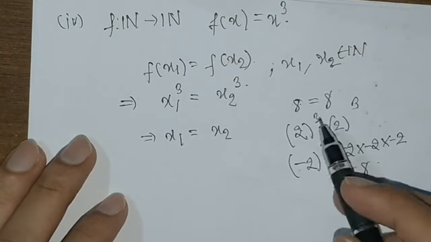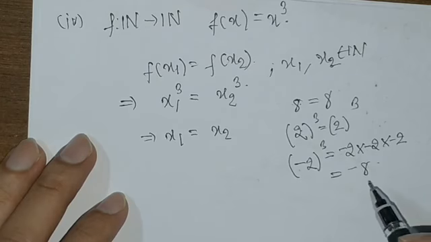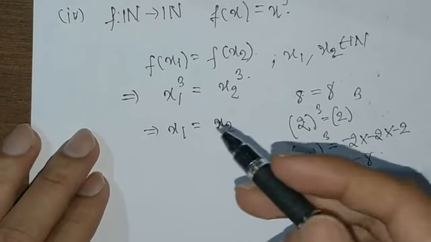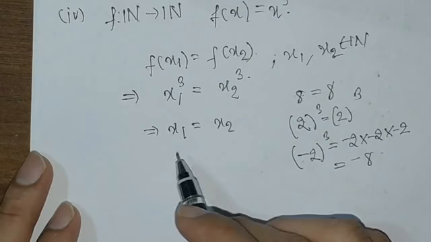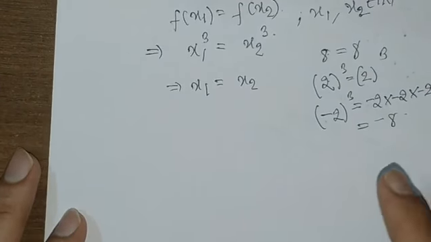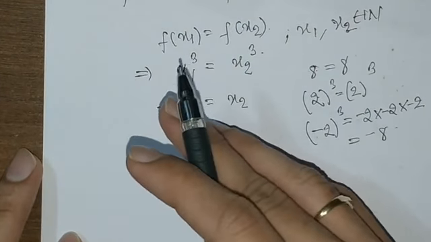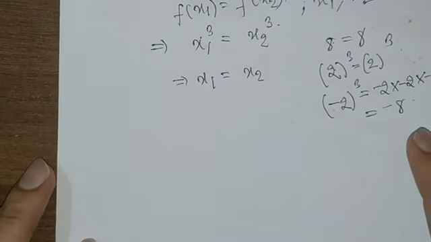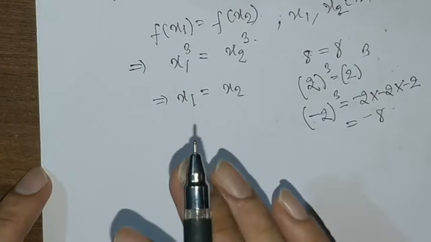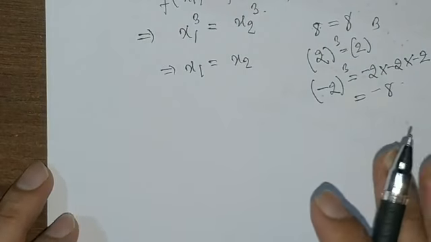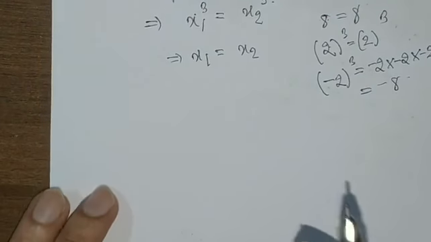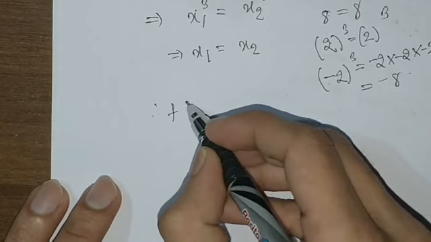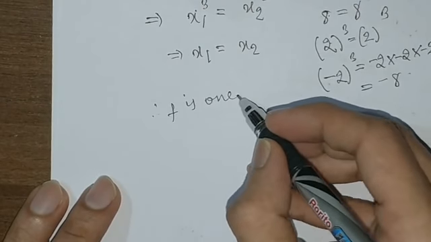So you can see that 2 cube is 8 and minus 2 cube is minus 8, so there is no case of plus or minus here. So x1 is equal to x2. So what you have got is f(x1) is equal to f(x2), that means x1 is equal to x2. So f is one-one.